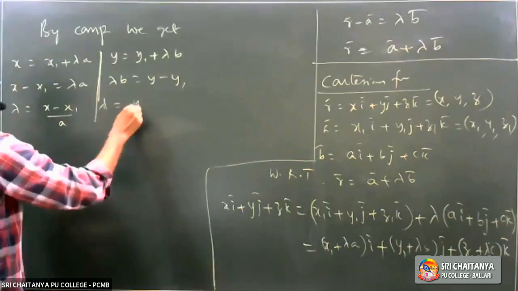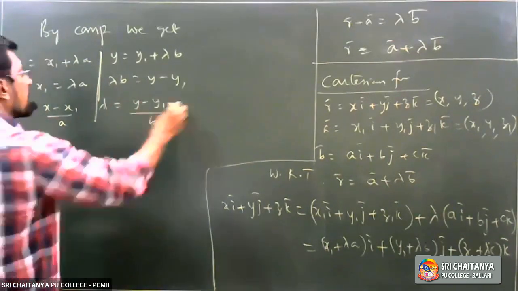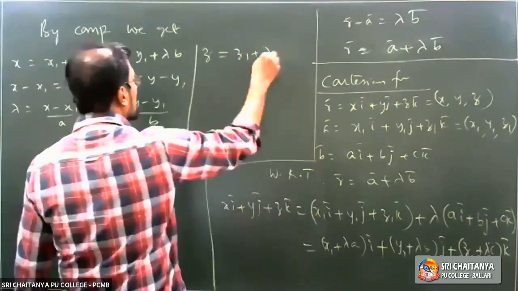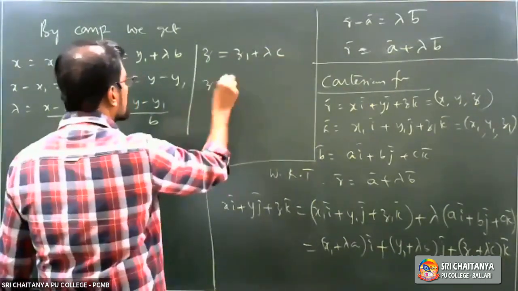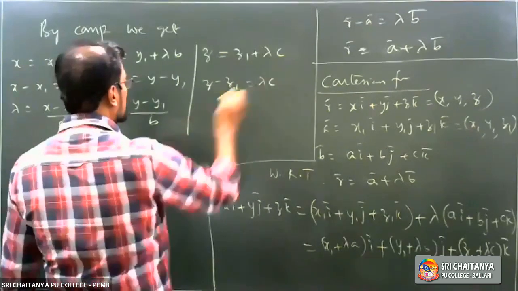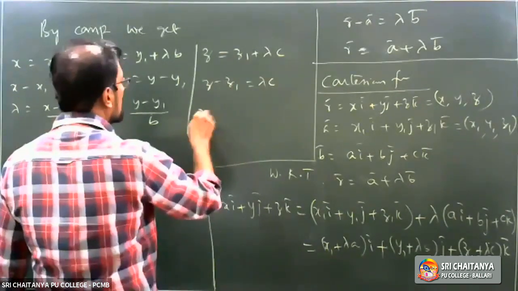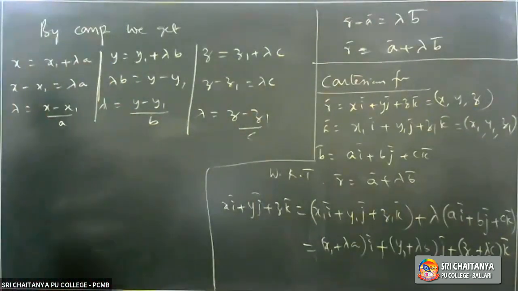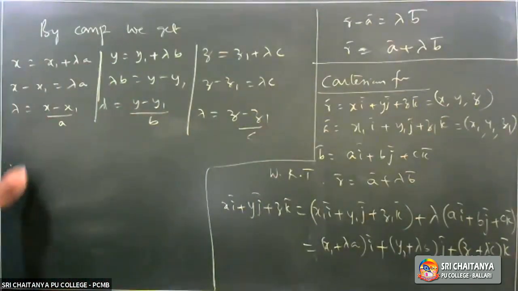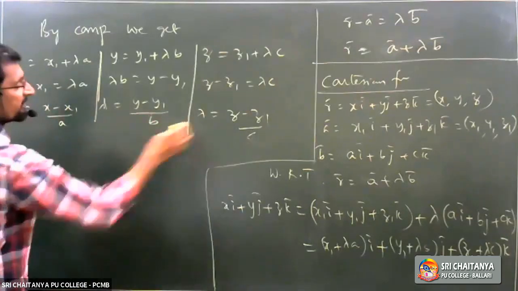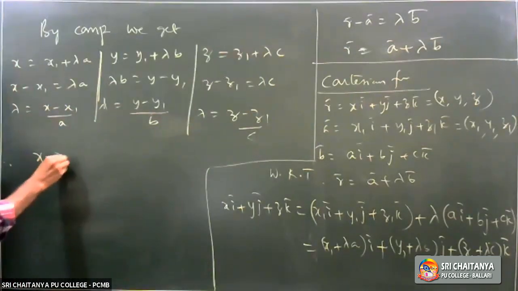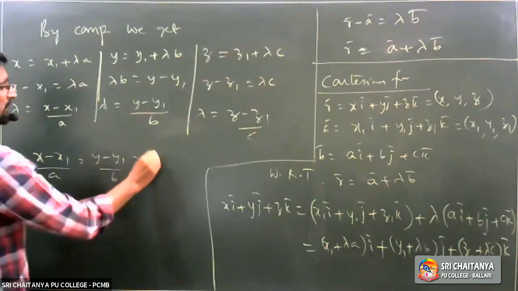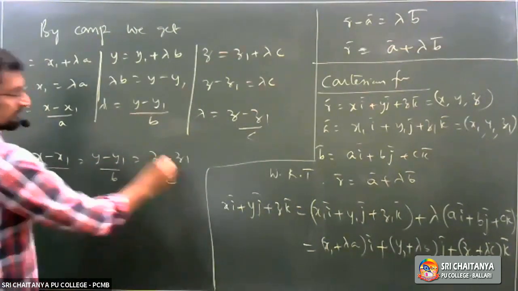Lambda is equal to y minus y1 by b. And similarly, z is equal to z1 plus lambda c. z minus z1 is equals to lambda c. Lambda is equal to z minus z1 by c. Therefore, this is lambda, this is lambda, this is lambda. So, equate the 3. x minus x1 by a is equal to y minus y1 by b is equal to z minus z1 by c.